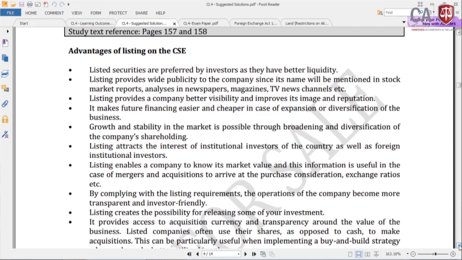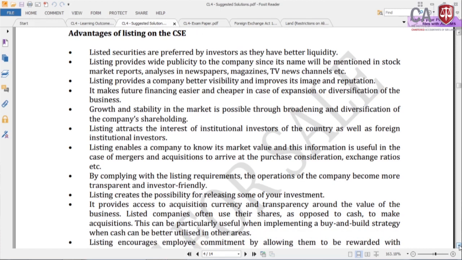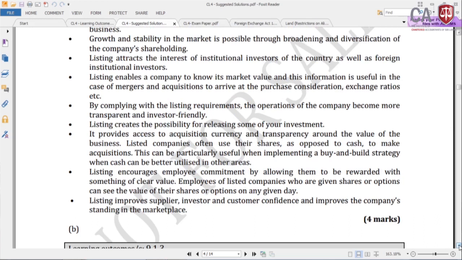Listing enables a company to know its market value, and this information is useful in the case of mergers and acquisitions to arrive at the purchase consideration, exchange ratios, etc. By complying with the listing requirements, the operations of the company become more transparent and investor friendly. Listing creates the possibility for releasing some of your investment. It provides access to acquisition currency and transparency around the value of the business.